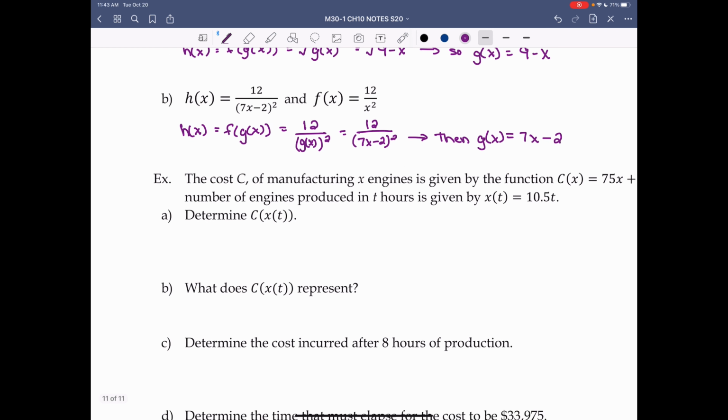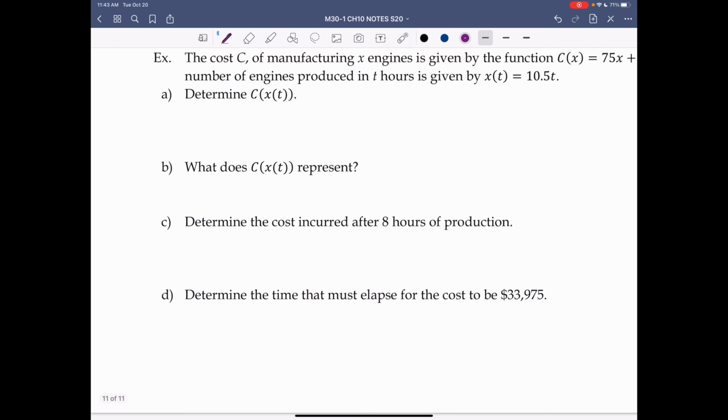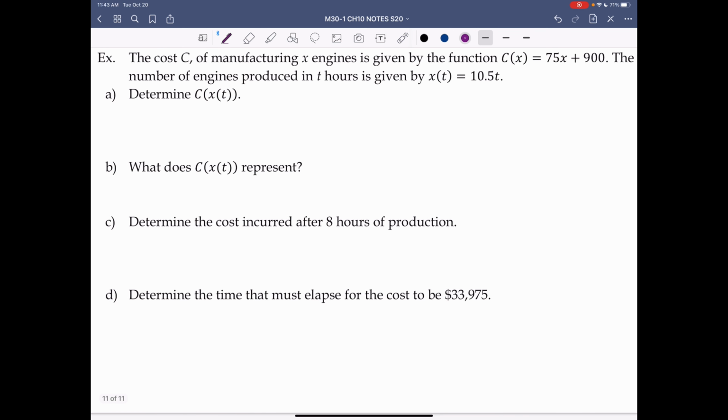The cost C of manufacturing x engines is given by the function C = 75x + 900. The number of engines produced in t hours is given by x(t) = 10.5t. Determine C(x(t)), which equals C of, what is x(t)? It is 10.5t.